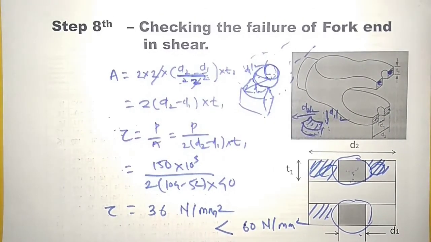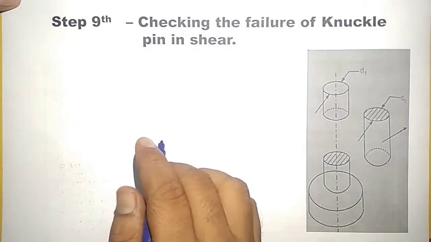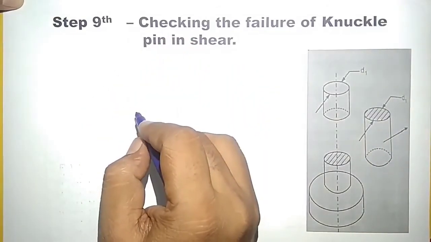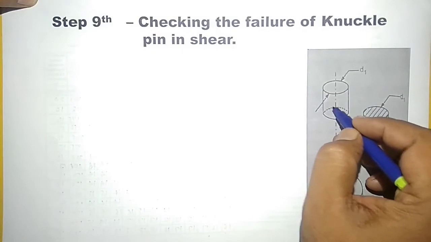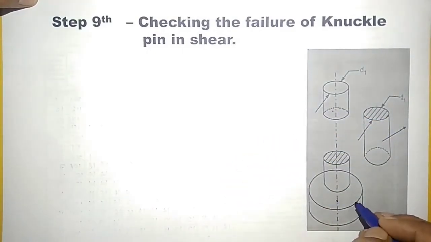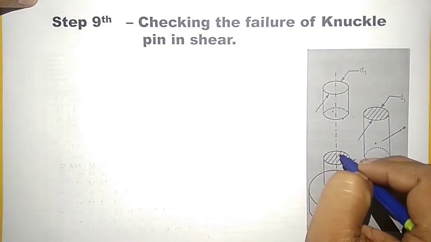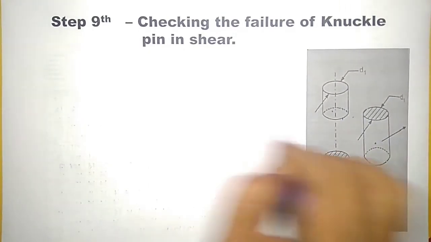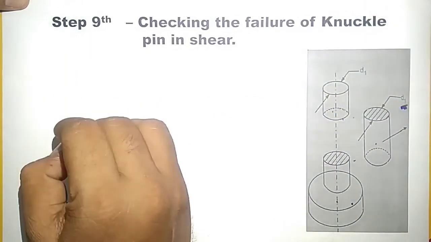So our design will be safe. Come to the last step: checking the failure of the knuckle pin in shear. We have already found the diameter of the knuckle pin in the second step, but in this step we check whether the design of the knuckle pin is safe or not. Here d1 is the diameter of the knuckle pin.